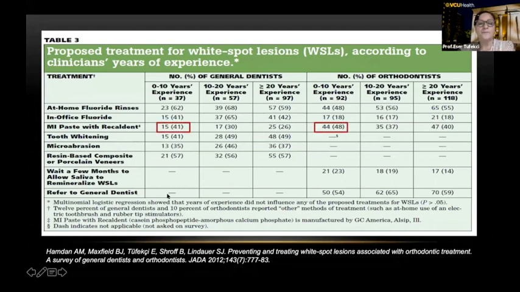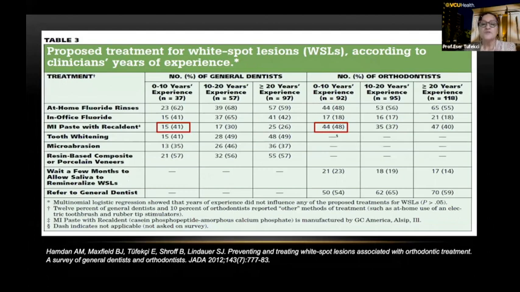And here, we also divided the clinicians into groups based on their experience. So there is a product, MI Paste with Recaldent. That's the commercial name. And we will discuss this product later in detail.